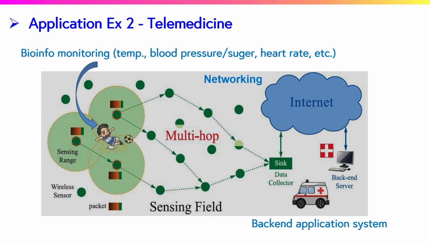The dotted lines represent the propagation of the data from different sensors. All the data has to go to a sink or gateway to collect the data, then through the internet send back to the backend system for post processing. Okay, so if we realize some dangerous situation has happened, then we can send help, send rescue immediately. This is the second example of telemedicine.